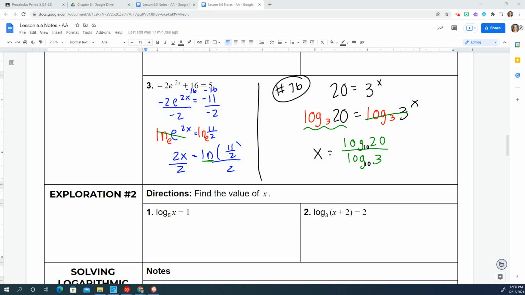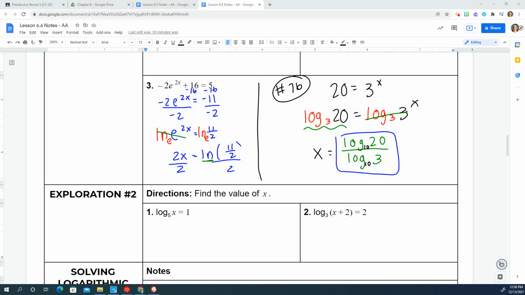Then you don't have to know that the common log is base 10. It's written there for you. So which of those options would be correct? It'd be E. E there is log base 10 of 20 divided by log base 10 of 3. So that's kind of a solving one. The math isn't hard. It's the notation that trips people up on logarithms.